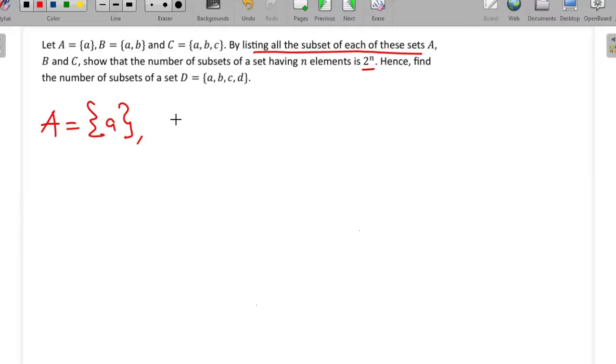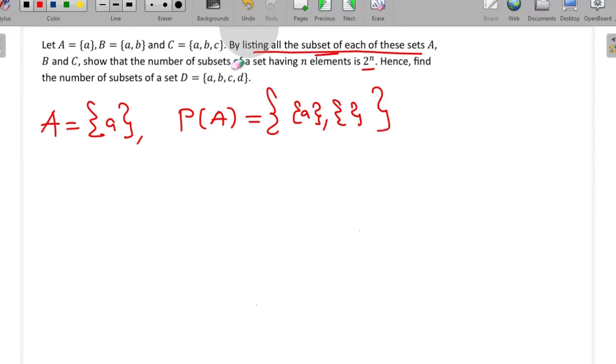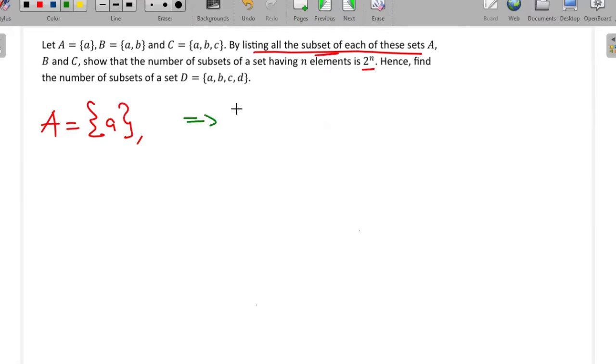The power set of A is just going to contain A itself, which is the set itself, and then the empty set. Or maybe I should not write it in terms of a power set because here they just said list. So this one will not be fully correct. They just said list. So let me list. So it's the set itself and then the empty set.